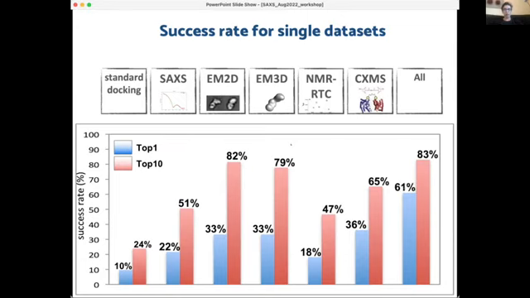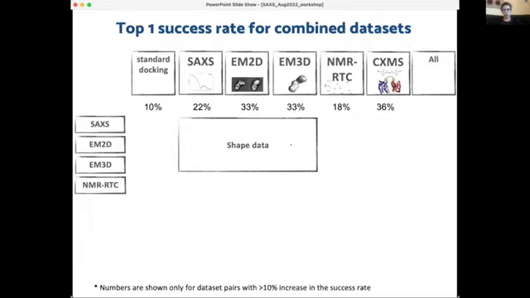Now, the interesting question was which combinations of data sets can help us. So obviously SAXS and EM were not complementary because they are both shape information, but we could get a huge improvement when we combined shape data sets with cross-linking data sets.